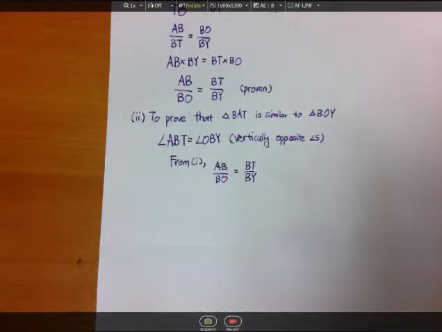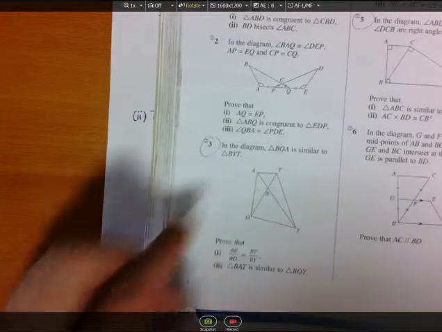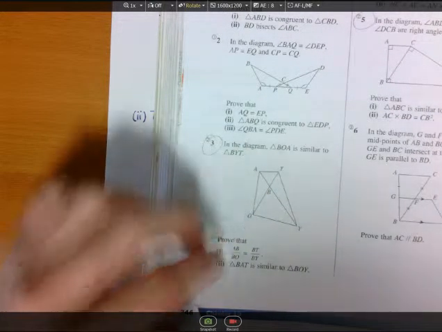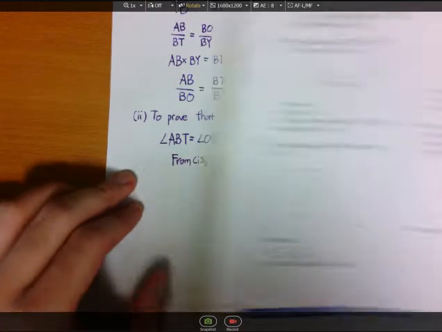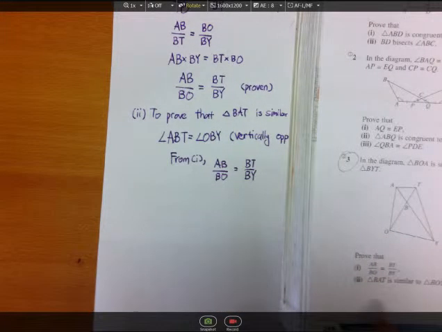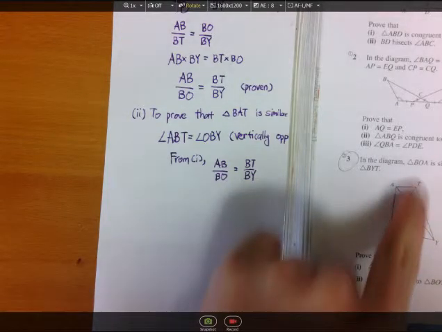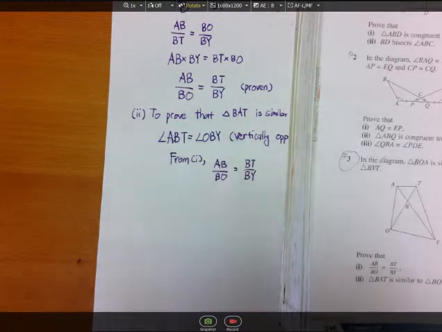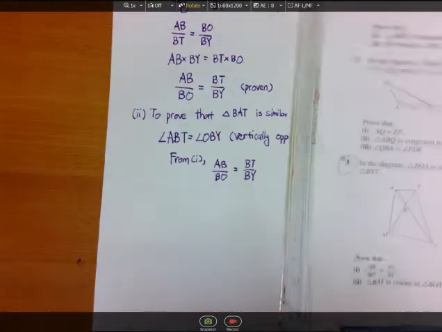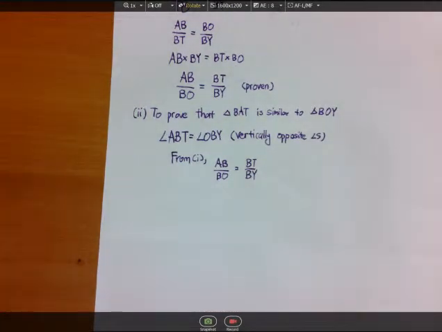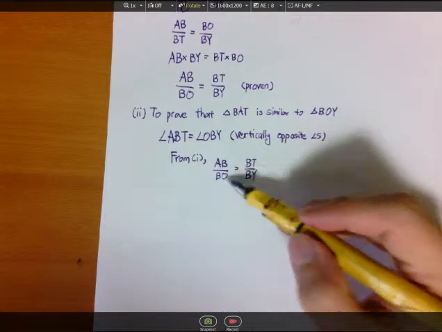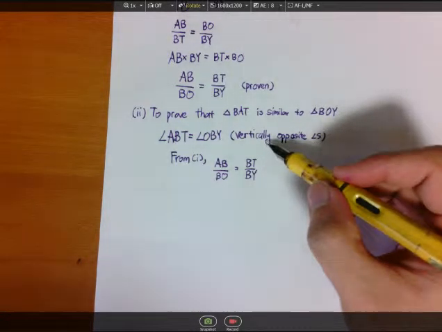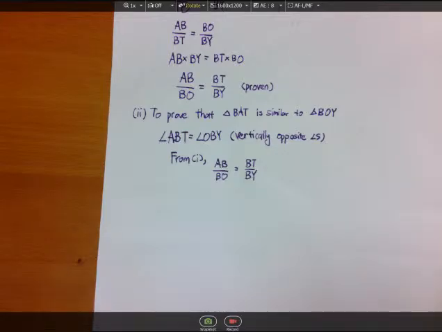In this case, we know that the corresponding sides of similar triangles have an equal ratio. So if you notice, AB is to BO is equals to BT is to BY. AB, BO and BT and BY have the equal ratio. So therefore, I have two sides that have equal ratios, and I also have an angle that is equal.